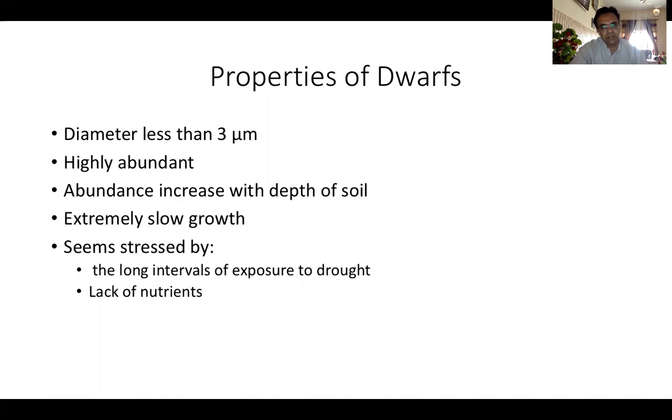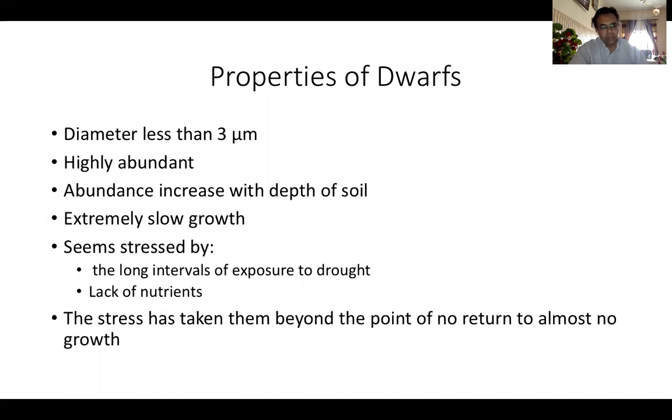The major stress comes when there is a shortage of moisture or nutrients, and nutrients are limited, and the same is true for moisture. One of the hypotheses is that this stress, because of lack of moisture or nutrients, takes them to a point from where they cannot return to normal growth.